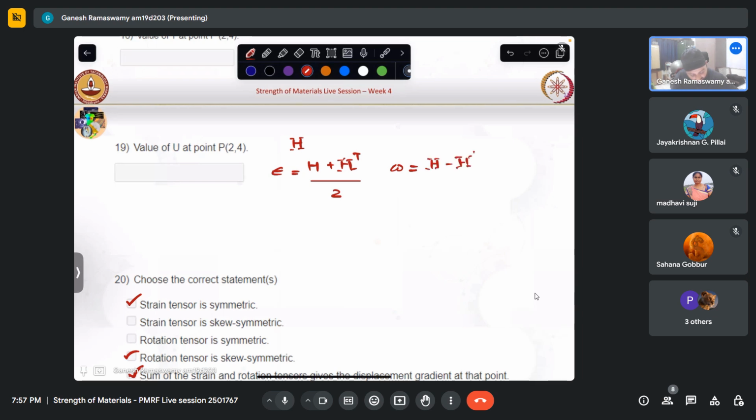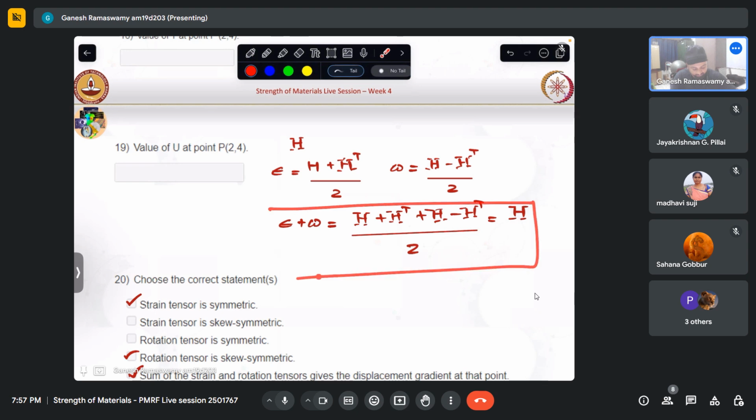So let us add these two. This gives us H plus H transpose plus H minus H transpose by 2. So this essentially gives us the displacement gradient. So this statement actually means something.